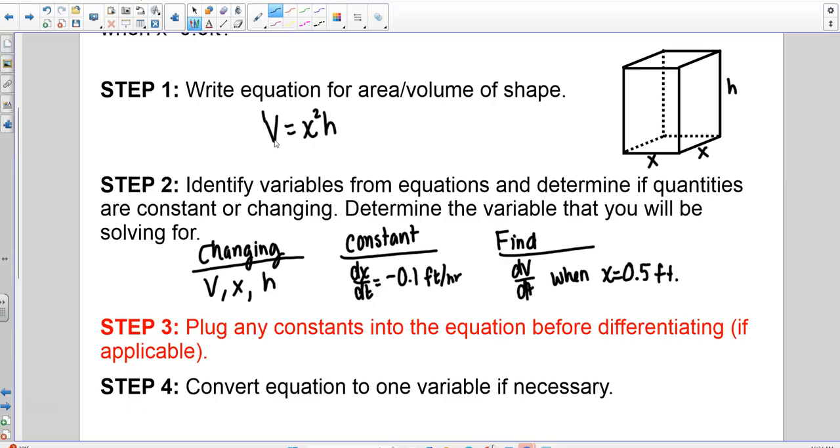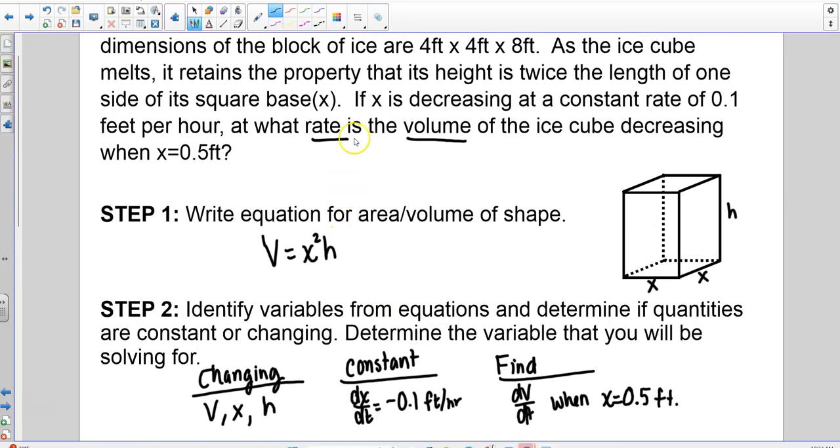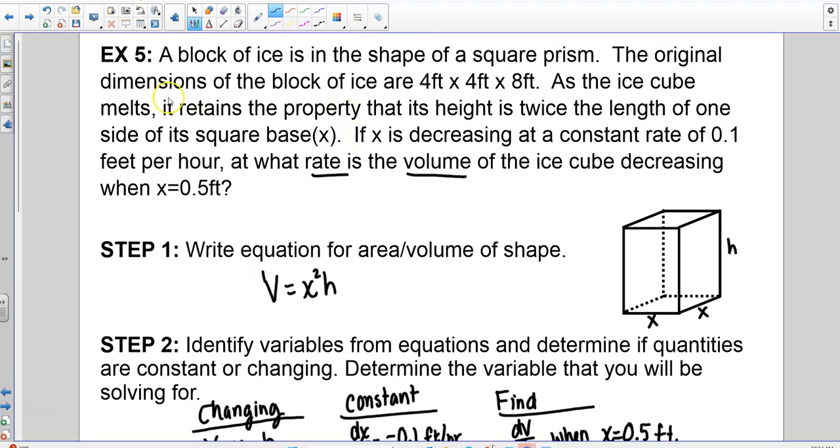So in most cases, you can come up with a way to replace one of the variables so that you only have one variable in the problem. And we're going to do what Connor suggested there at the beginning. You could go ahead and do it if you want there, but they tell us that this ice cube retains the property that height is twice the length of one side of the square base, which we're calling x. So height, h, equals 2x, right?